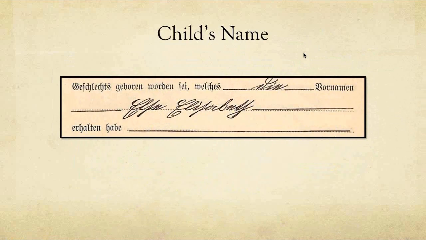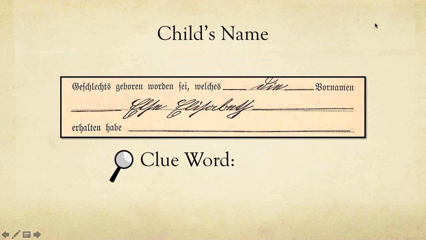And then last but not least, at the very bottom of the certificate, you will get the child's name. That child's name will usually be centered in the middle of the line. The clue word that we want to look for is the word Name, which means name in German.